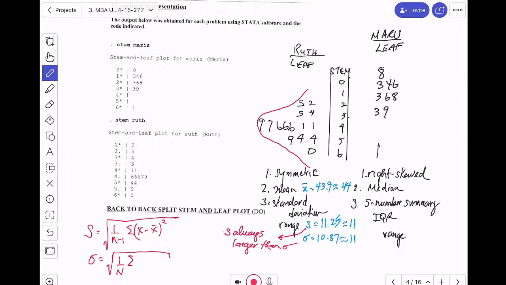So this formula is for sigma. Okay, so what's the difference between this and this?